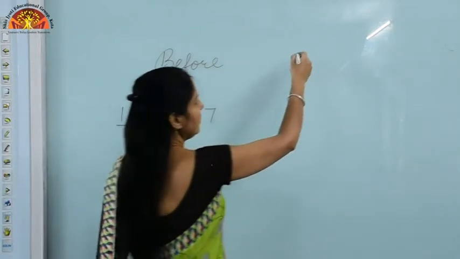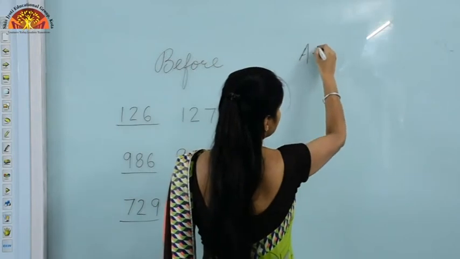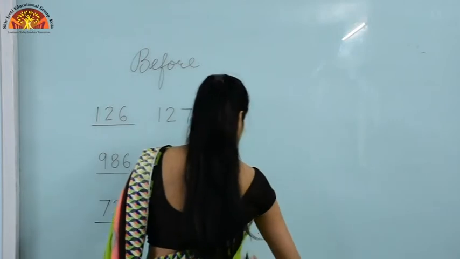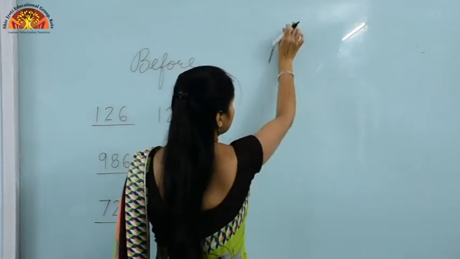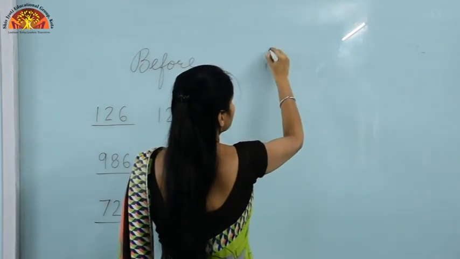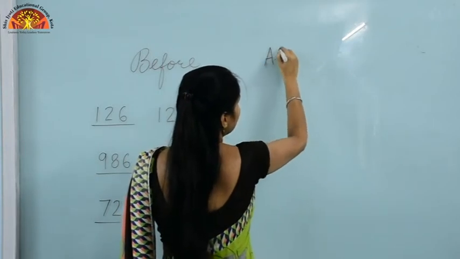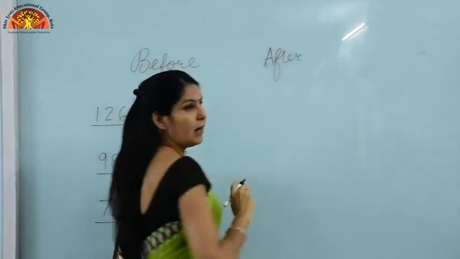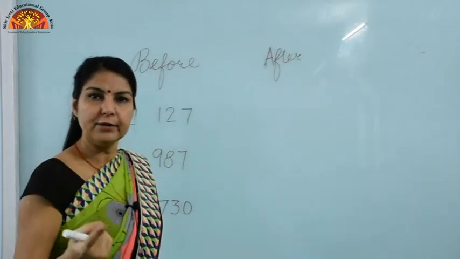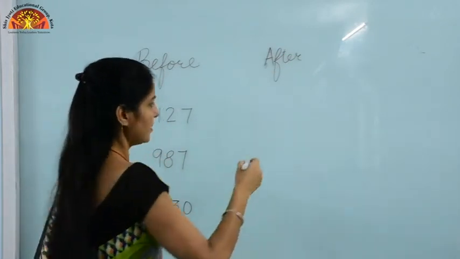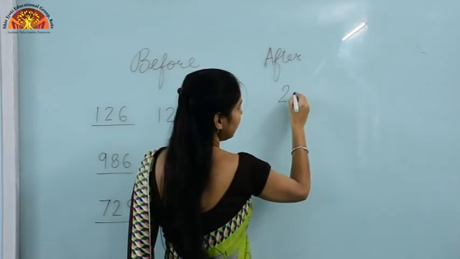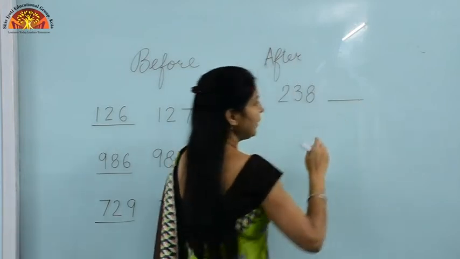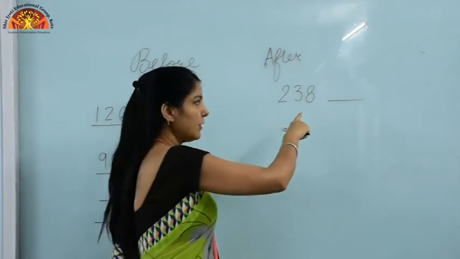Now we will see after numbers. What are after numbers? After numbers are just one more than the given number. Suppose the number given is 238. It will be one more than the given number.